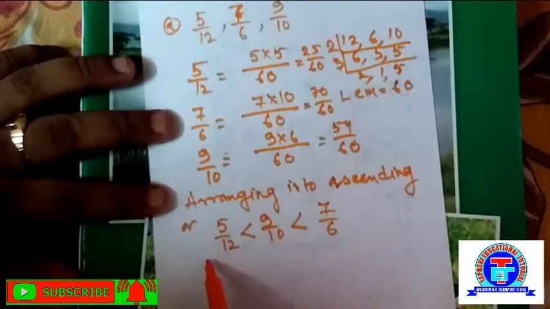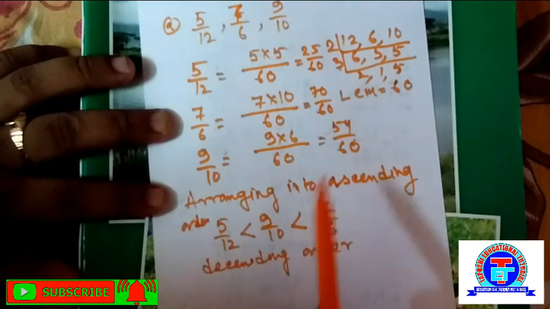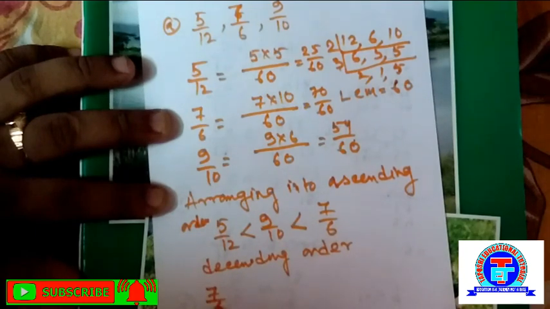Now we arrange in descending order, right? So here which one is bigger? That means this one. So 7 by 6 is greater than 9 by 10, greater than 5 by 12.